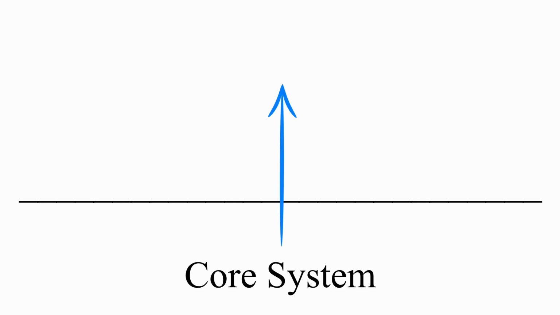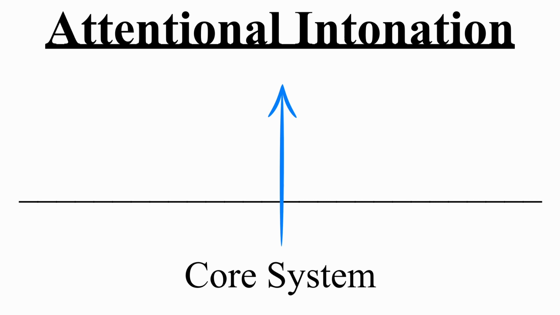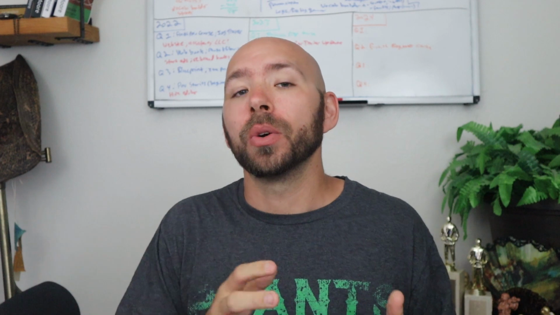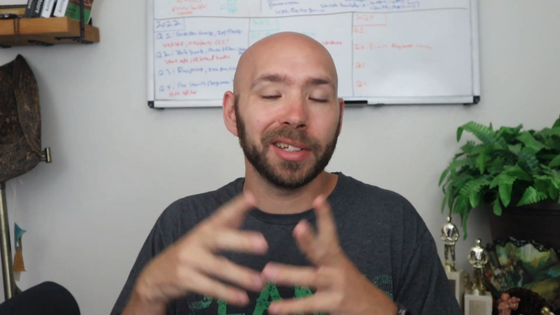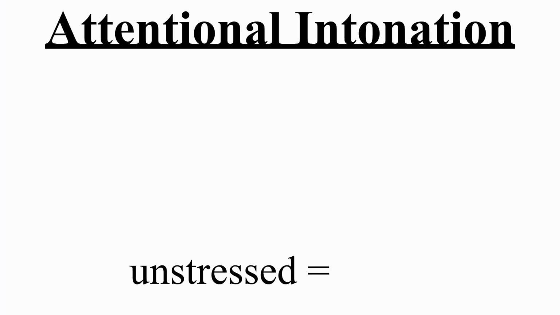So when we talk about how the core system works through attentional intonation, this is actually a combination between the regular unstress versus stress and the attentional intonation of the focus word. If I have an unstressed syllable, whether that's a word by itself like of, or an unstressed syllable in a bigger word like about or combine, that unstressed syllable is the low.